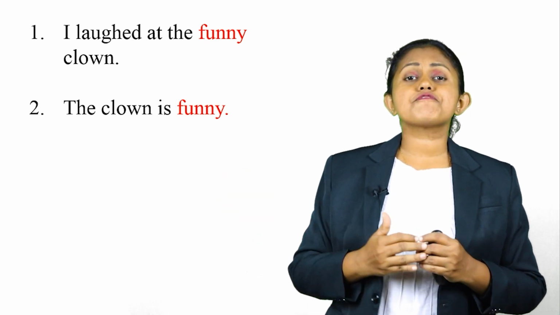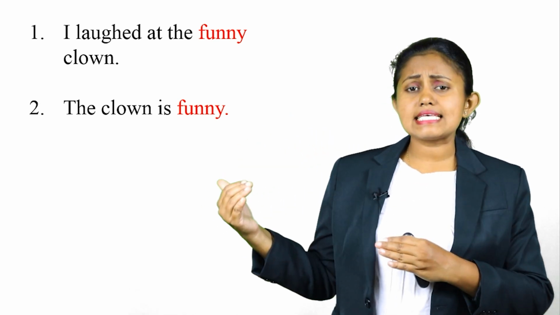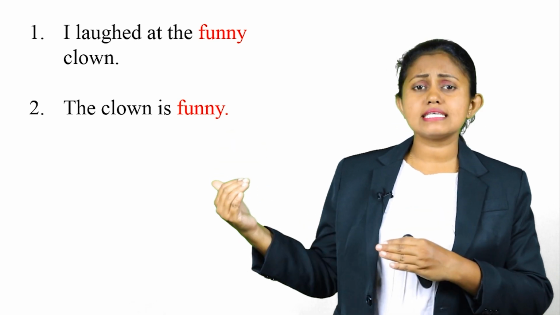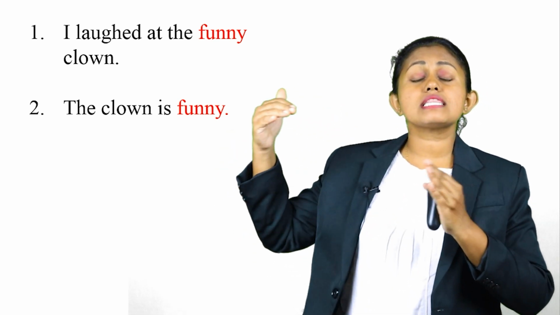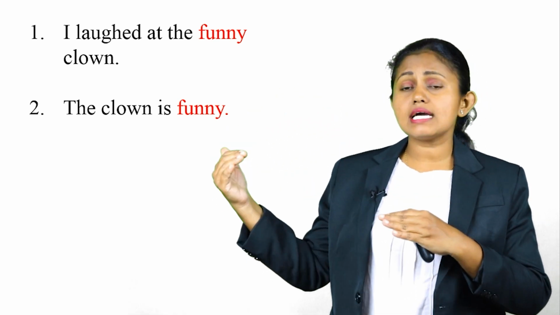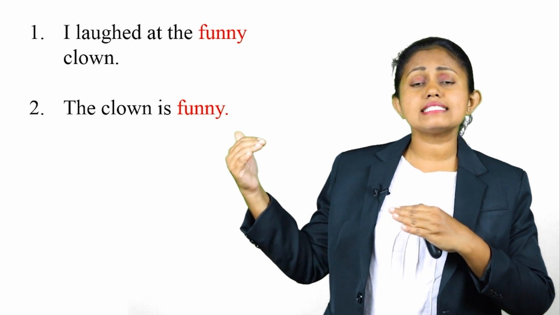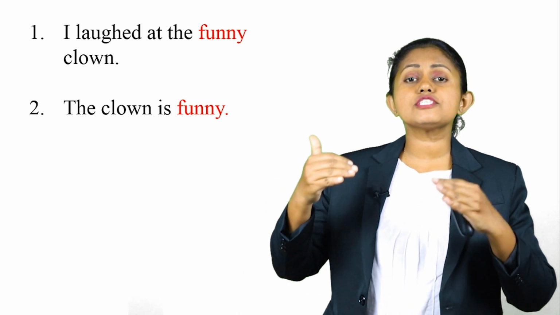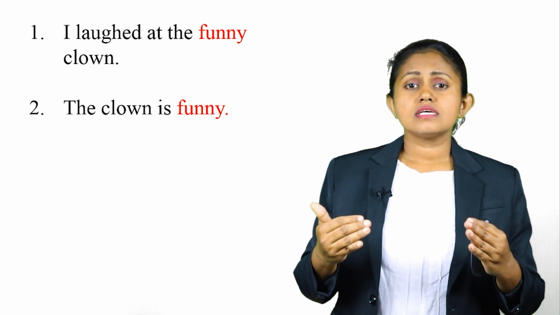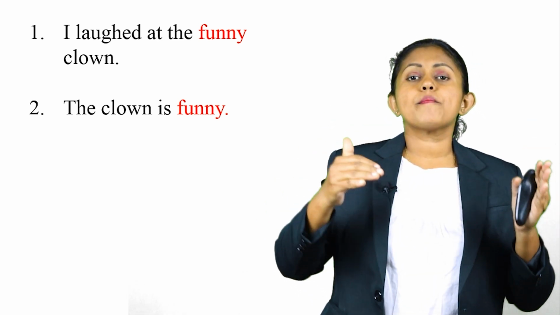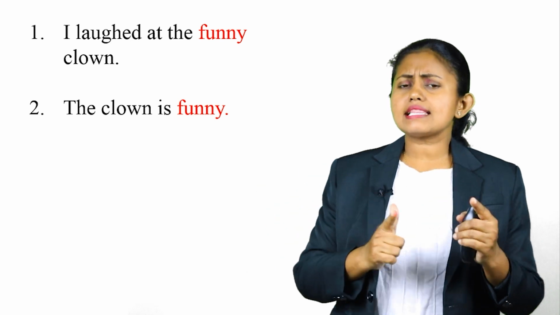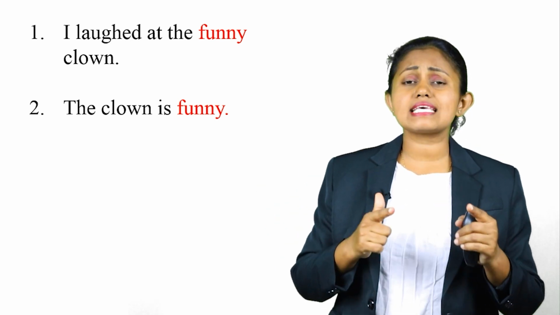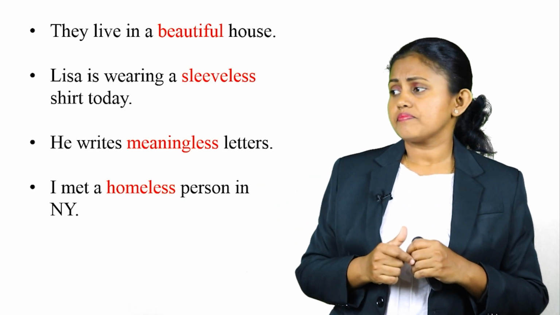The clown is funny. In this sentence, the adjective funny is after the noun. So here the position of the adjective is predicative. Right? Likewise, we can use these adjectives attributively or predicatively. I think that you could get the idea on these things.